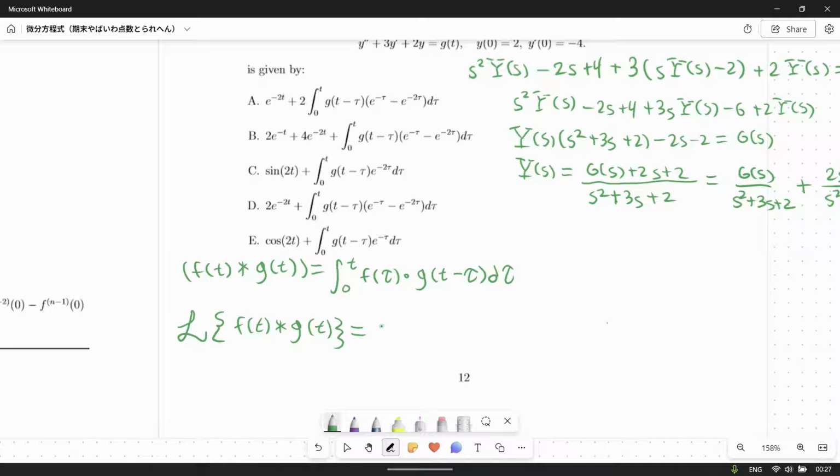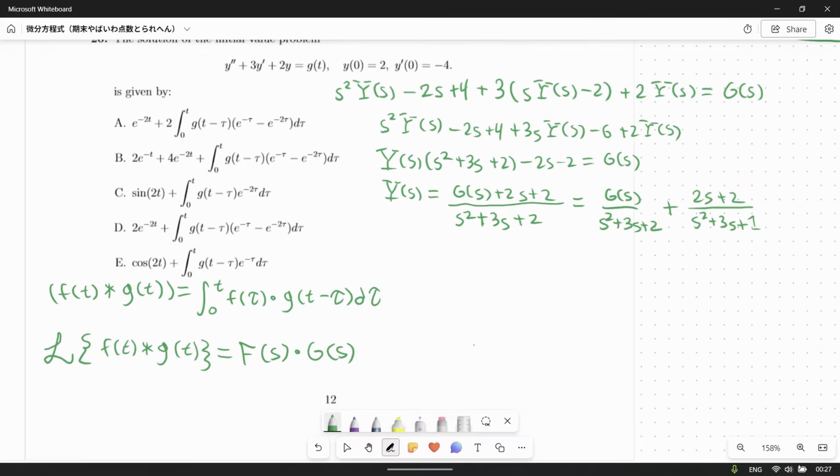And then that's just going to be equal to F of s times G of s. So we can simplify that a little bit. We can just say that the Laplace transform of f convoluted with g is just going to be F of s times G of s.